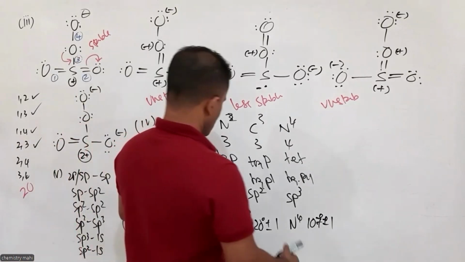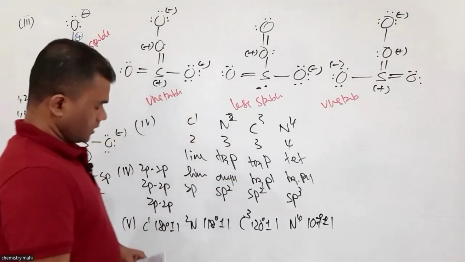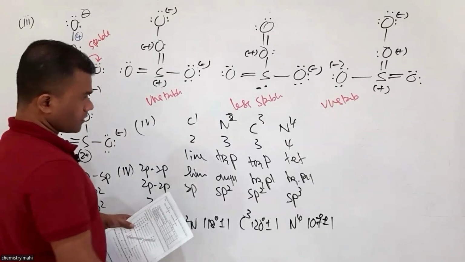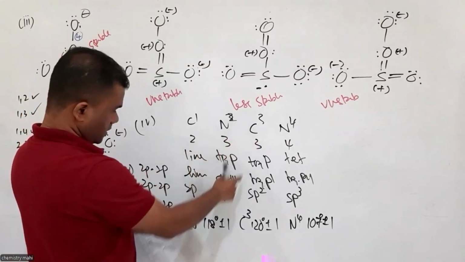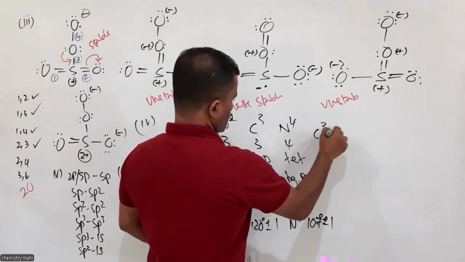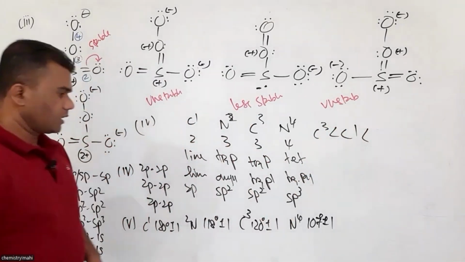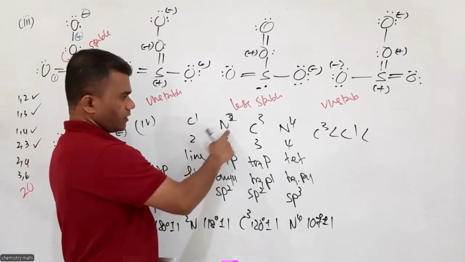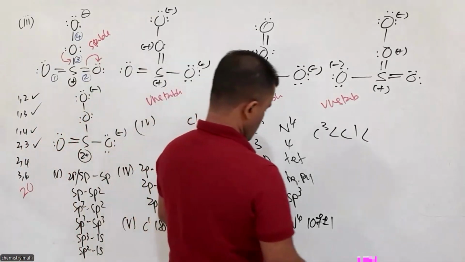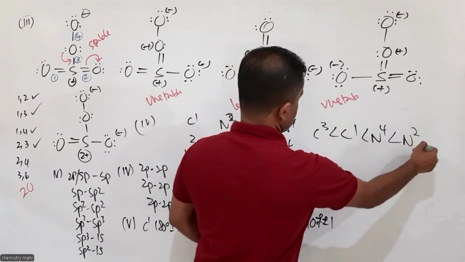Again, carbon, nitrogen higher, carbon less. Out of C1, C3, sp, sp2. sp2 should be smaller. sp is greater than sp2. Out of nitrogen, sp2, sp3, sp3 should be smaller than sp2.